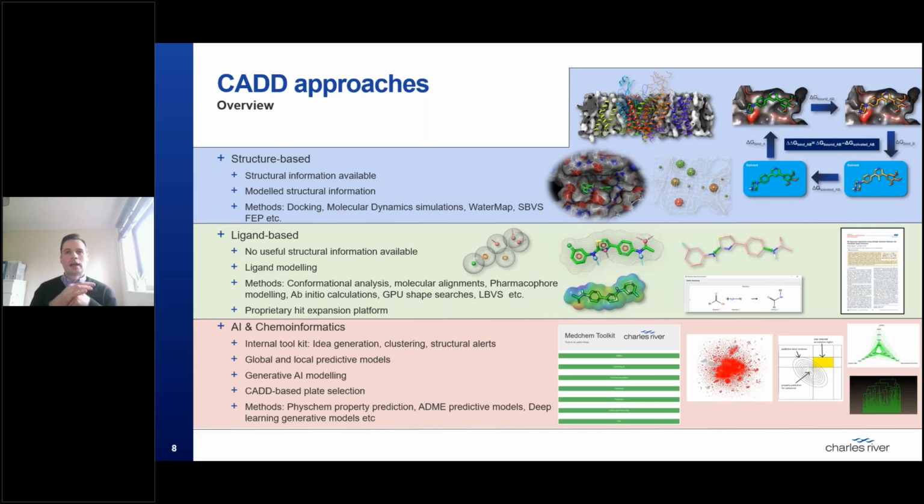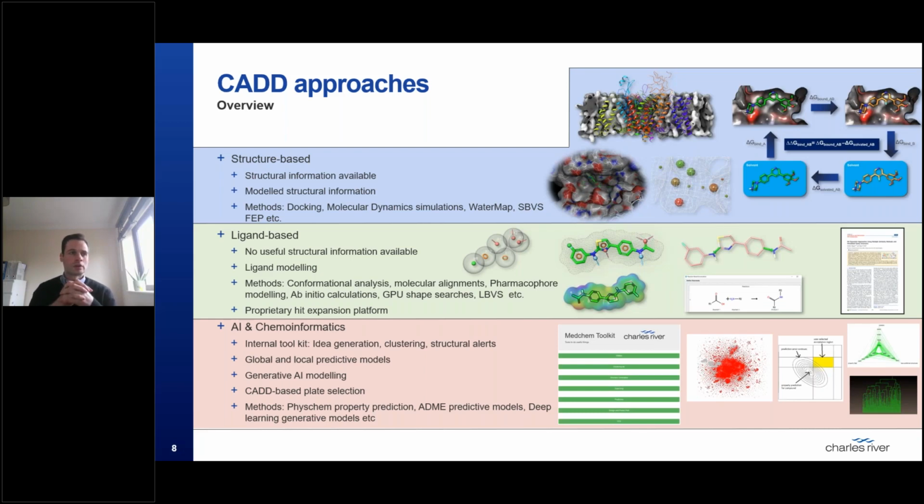And then we have the AI in cheminformatics. We have an internal toolkit for idea generation, clustering, structural alerts, and much more. We have available our internal global models, as well as we develop local models for particular projects when necessary.